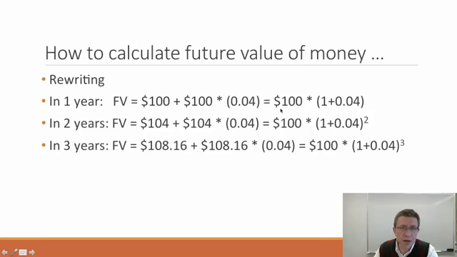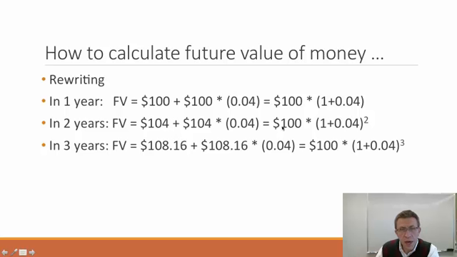So we initially wrote $100 plus $100 times 0.04, the interest rate. Well, we'll rewrite this as $100 times 1 plus 0.04. So that's good after year one. In year two, we start off at 104 dollars plus 104 times 0.04. What can we do with this?